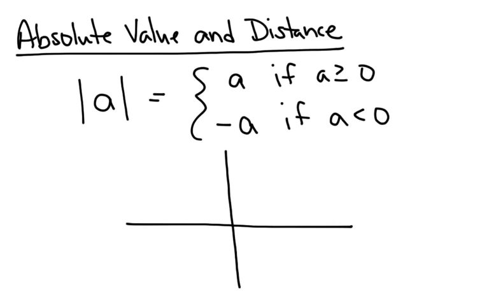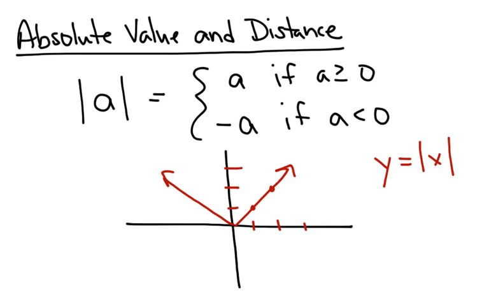In Algebra 2, we learned about the graph of an absolute value function. And the graph of an absolute value function was a V. The general absolute value graph, y equals the absolute value of x, was the graph that went through (1, 1), (2, 2), (3, 3), (0, 0), (-1, 1), (-2, 2), (-3, 3).